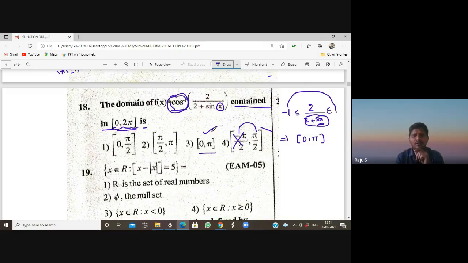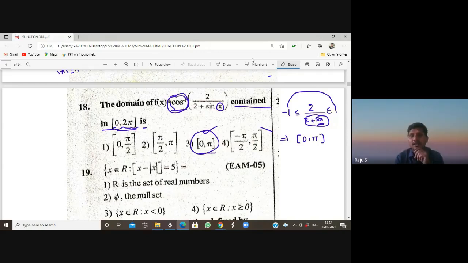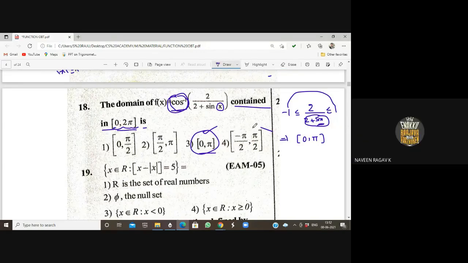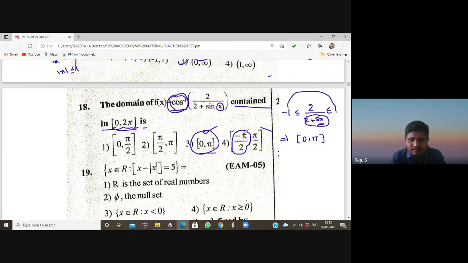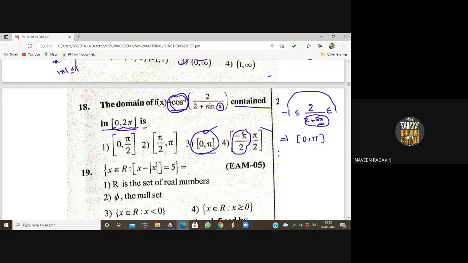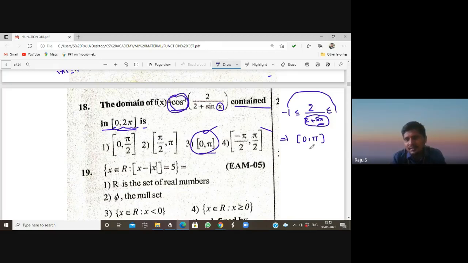Getting any doubts? Yeah, ask. Sir, if we substitute minus pi by 2 for sin x, sir, 2 minus 1 will come. You are asking about minus pi by 2, am I right?